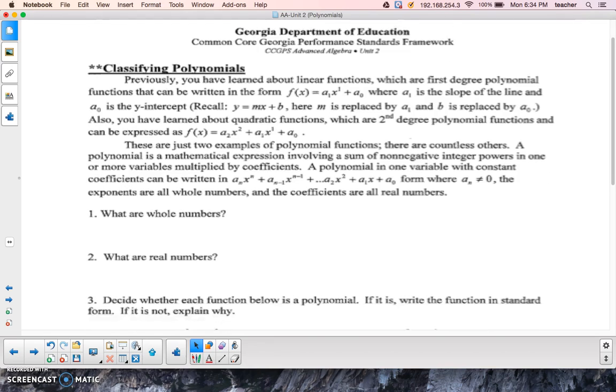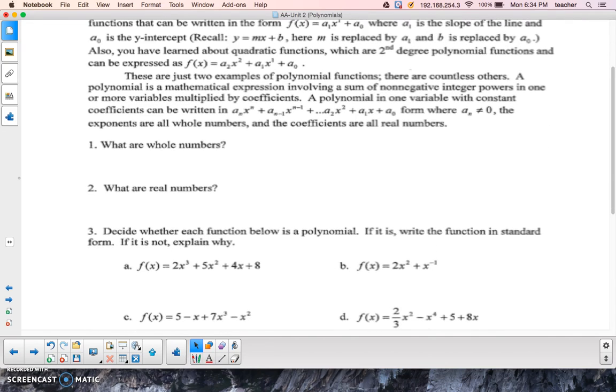I know that there's a lot on this page, but what I want to focus on right now is what a whole number and a real number is, because we need to look at a polynomial whose exponents are all whole numbers and whose coefficients are all real numbers.